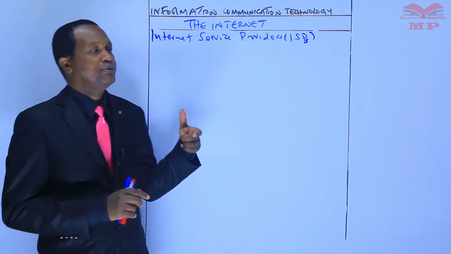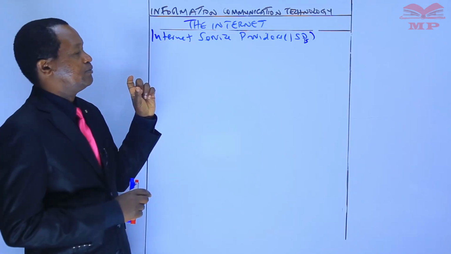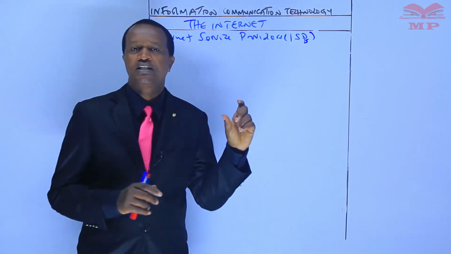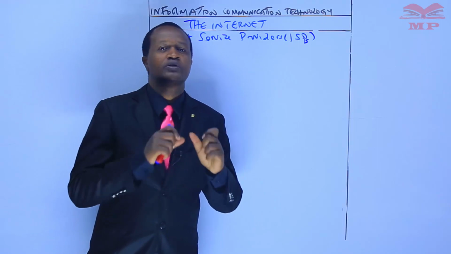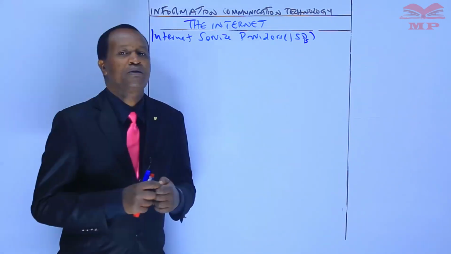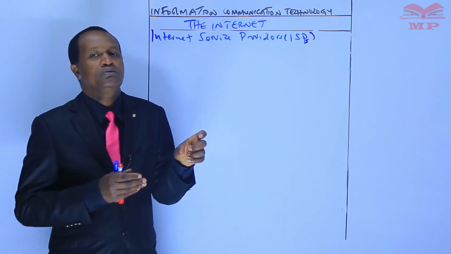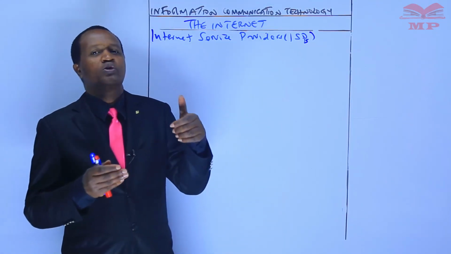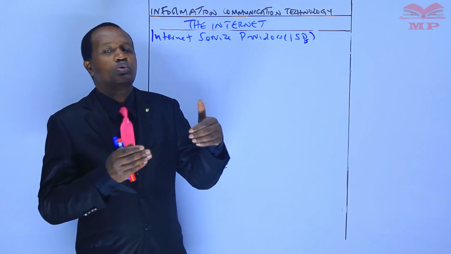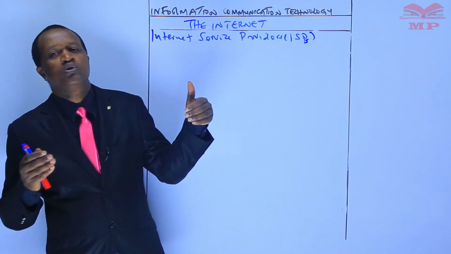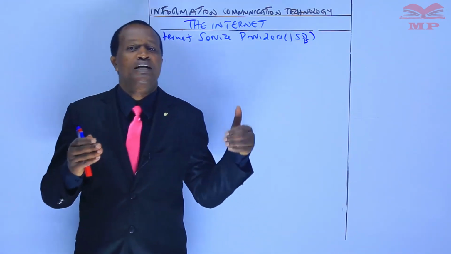So when it comes to providing internet services, the normal telephone number may not be useful unless one resorts to a special service, because generally it is not possible to have communication between more than 2 points when you are using the normal telephone line.